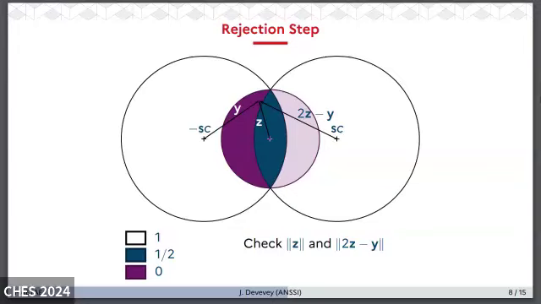Because in the end you want your distribution to be independent of the secret. So if you're in the smaller circle, then don't reject at all, right? So you could maybe reduce the rejection probability a little bit. There may be different ways of doing it, but in the end, we have this theoretical lower bound on the radius you can get.